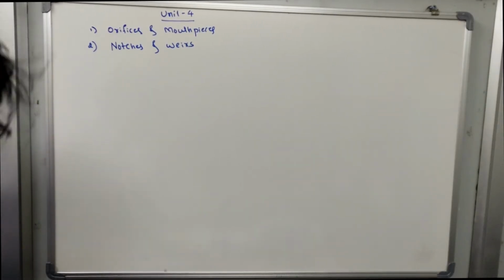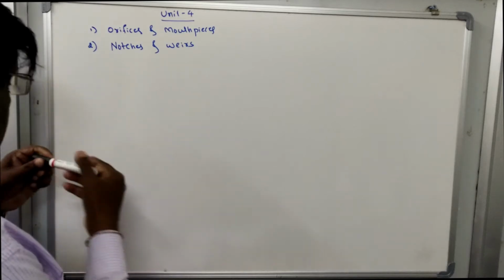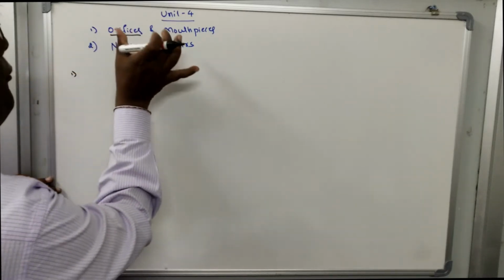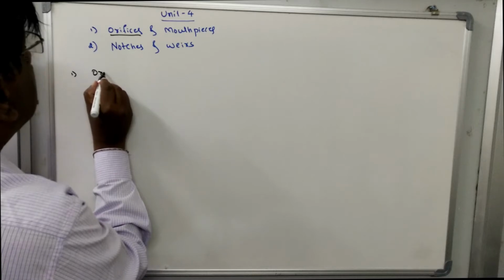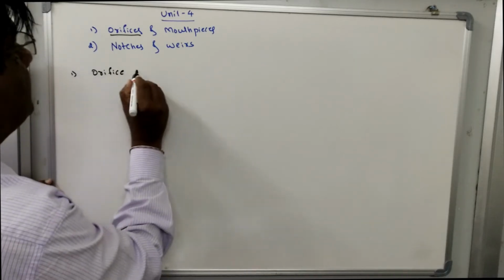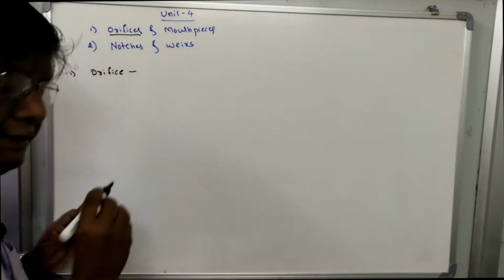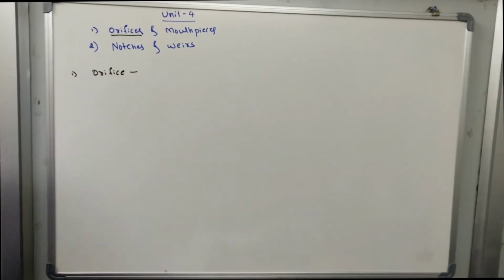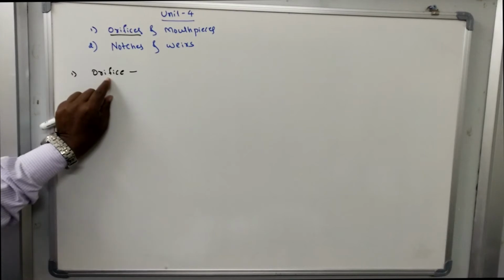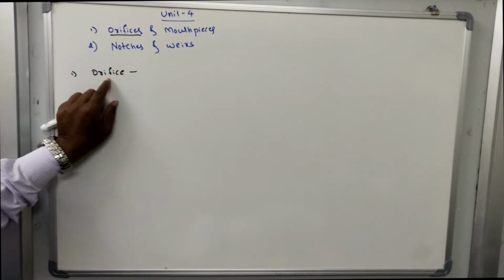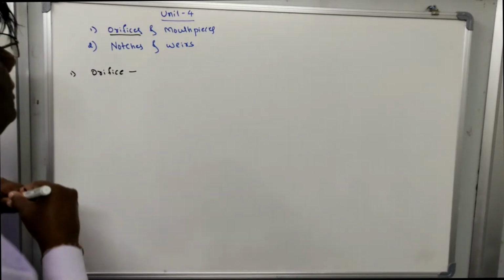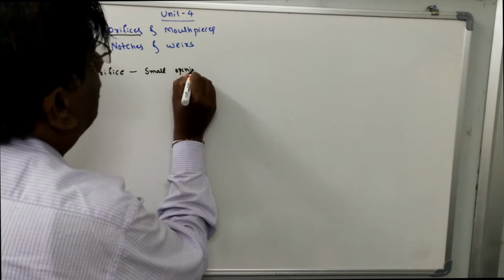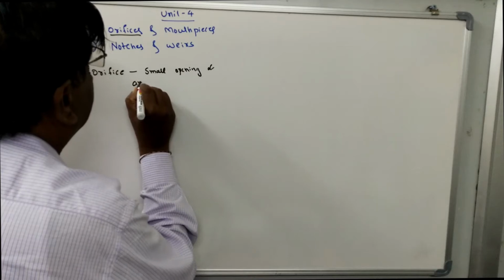What is an orifice? First we will define what is an orifice and what is a mouthpiece. An orifice is a small opening of any cross section.